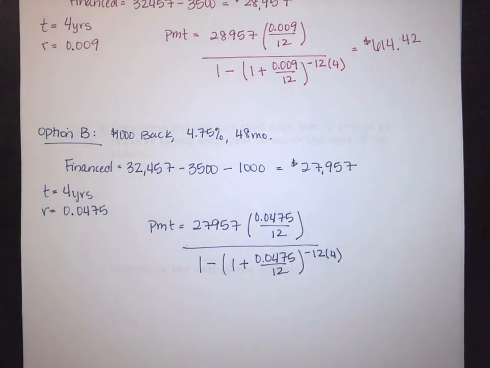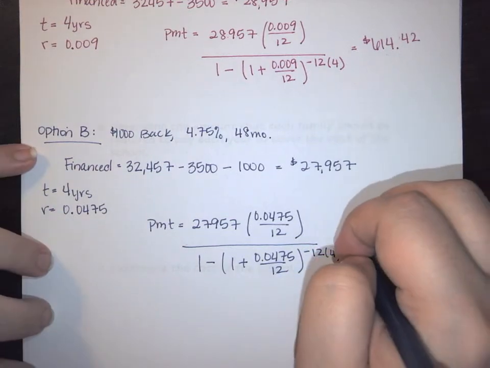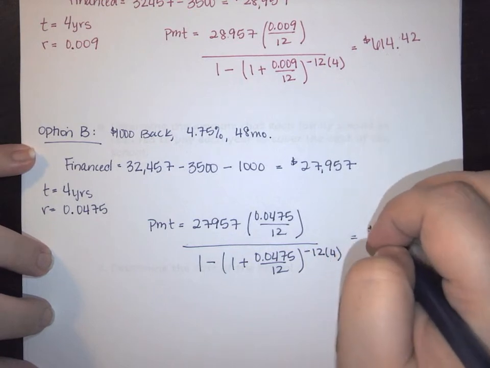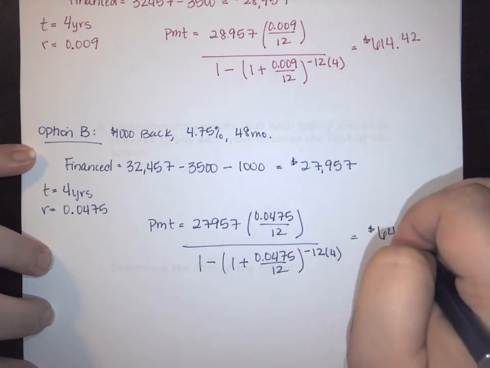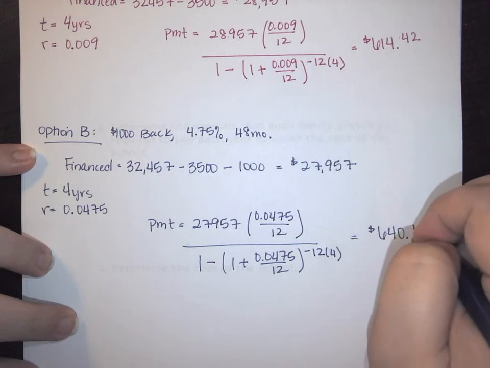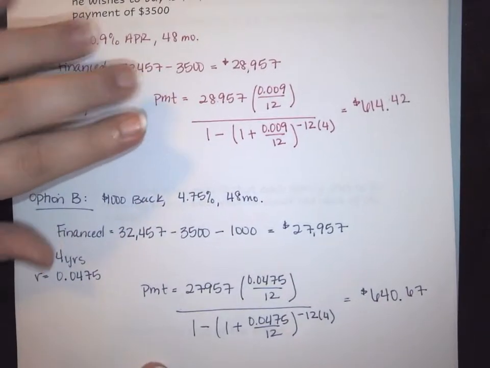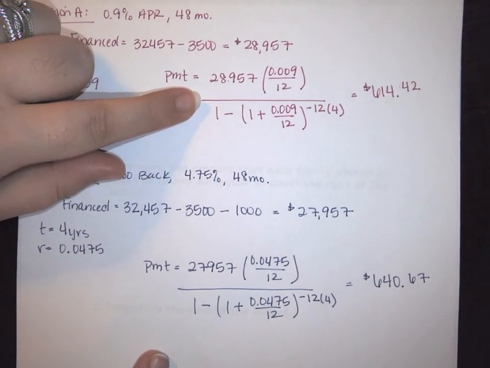So we would run this through the calculator in the same way that we just did for the one above, making sure you go step by step, starting with the innermost one and work your way out. And here you should come up with $640.67.